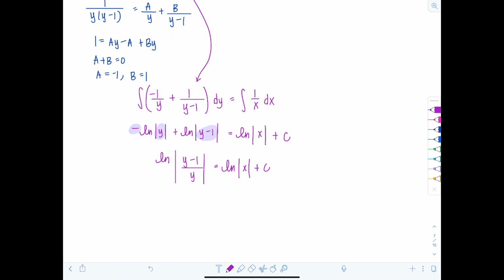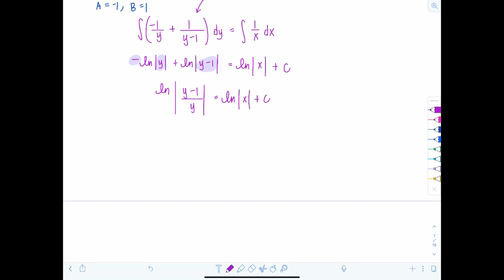And then to get rid of the natural logs, I can take e and raise it to both sides of the equation. I can exponentiate both sides. So I have e to the ln of y minus 1 over y. Now be careful here, okay? You have e raised to the natural log of the absolute value of x plus c. You have to raise it to the entire right-hand side of the equation.